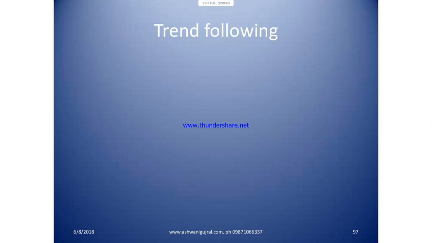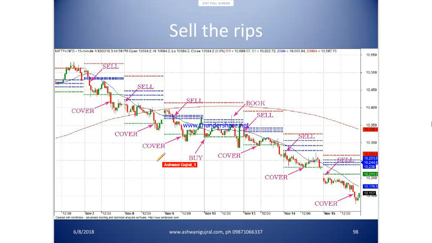Okay. Now we discuss trend following. This is a compressed chart. All it's trying to show you is if you see a longer term chart, 15 days, 20 days, how does the pivot look like? Now see here, the market started from here and immediately started breaking the pivot.